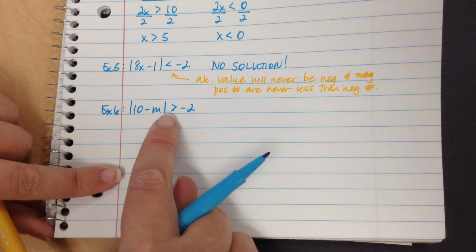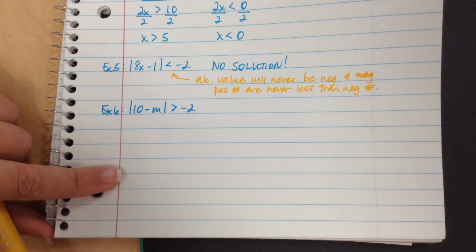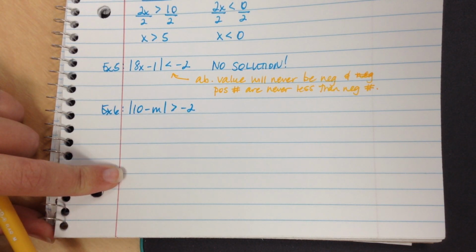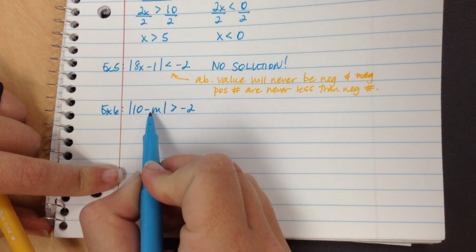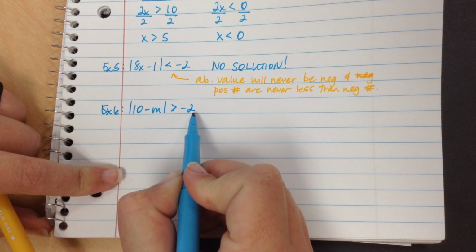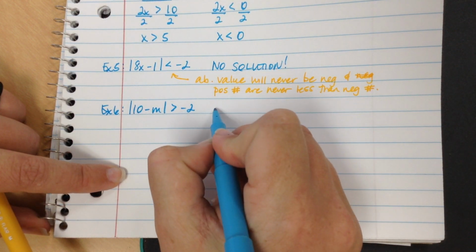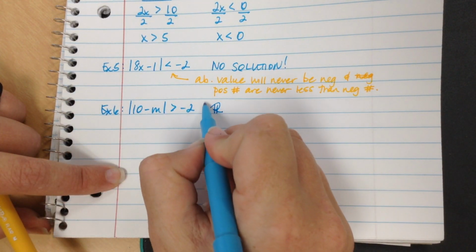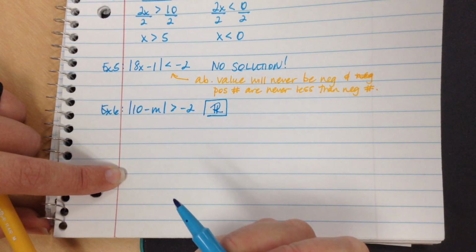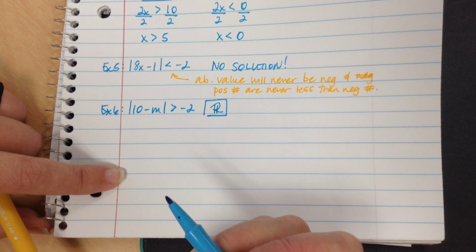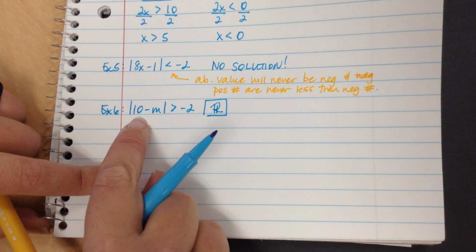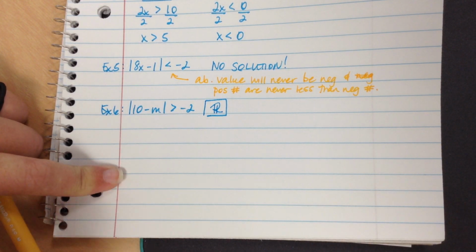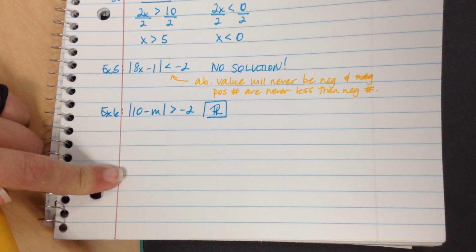When are positive numbers greater than negative ones? I hope you said always. Positive numbers are always greater than negative. That means no matter what this number is, this statement will always be true. Your answer here is all real numbers. Any number you put in there is going to work. All real numbers. Because absolute value is always positive, and positive numbers are always greater than negative ones.